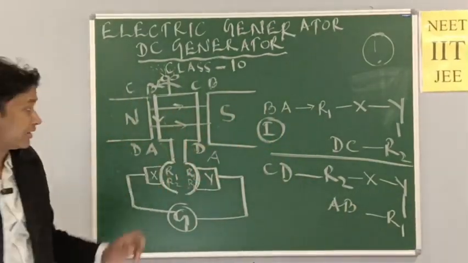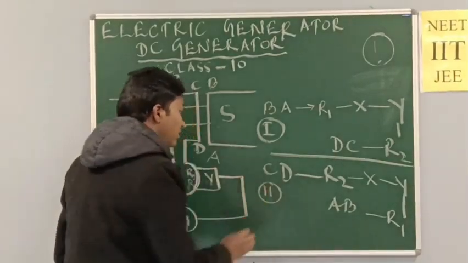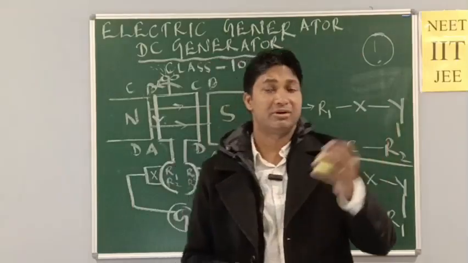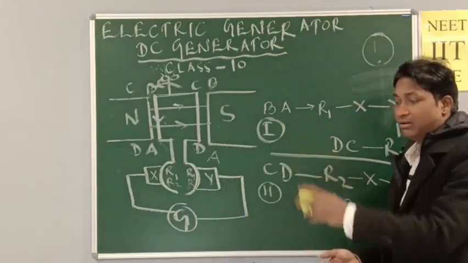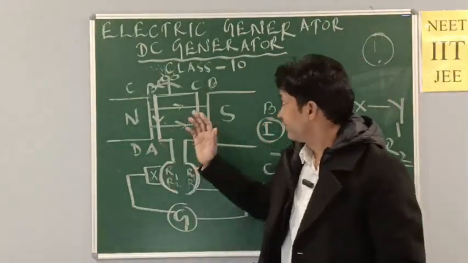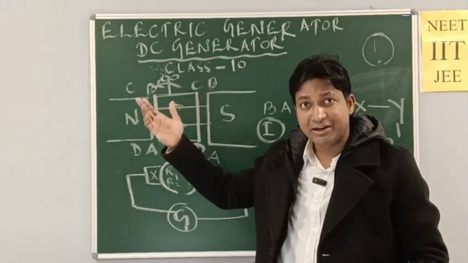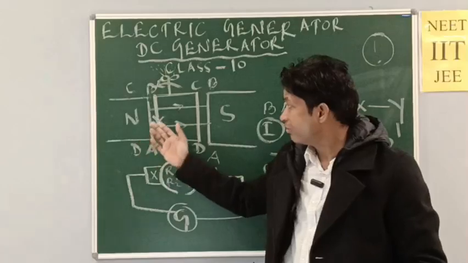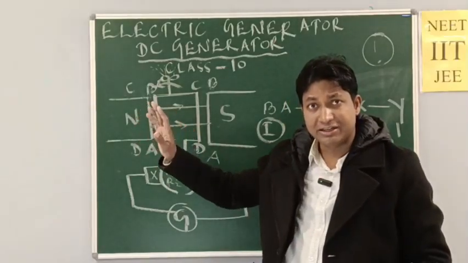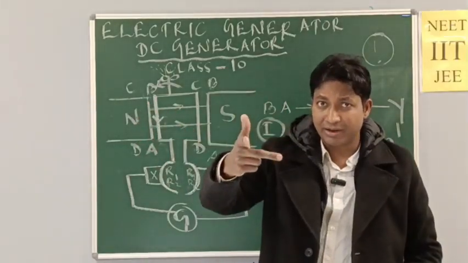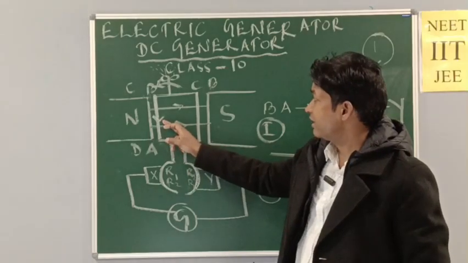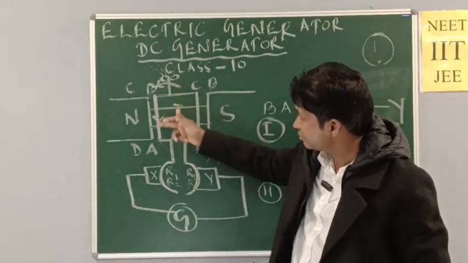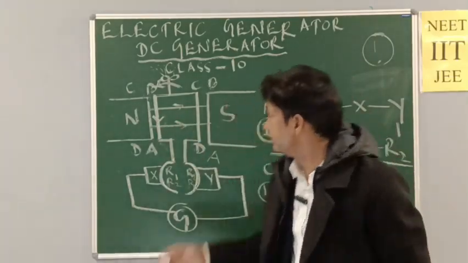A student should write like this. See here, one more time. If the coil rotates anti-clockwise, we should apply Fleming's right hand rule, and we will see the direction of current is always downward in this portion, and always upward in this portion.